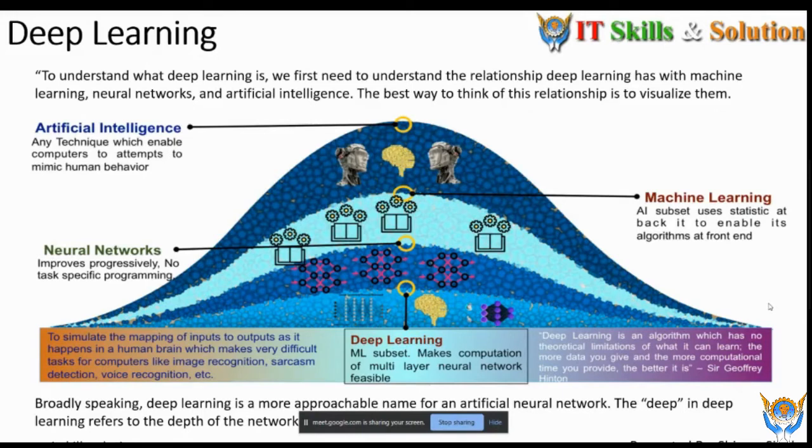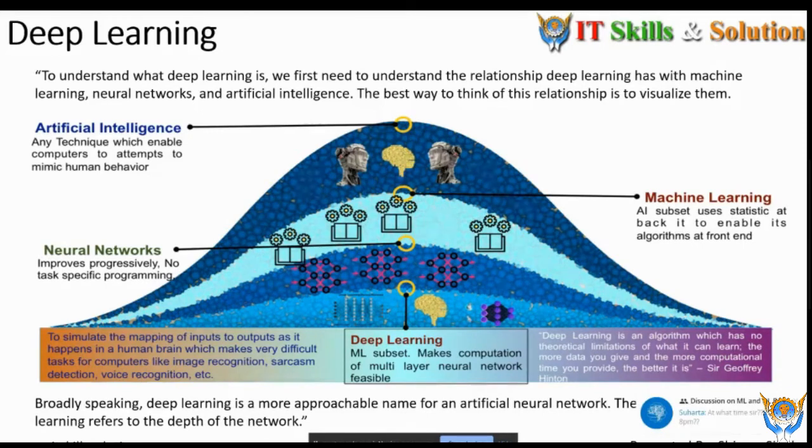Then our main goal, what you are going to see on the third day of this boot camp, is basically a part of deep learning. So deep learning is again a subset of machine learning, and you already know that machine learning is a subset of artificial intelligence, AI.